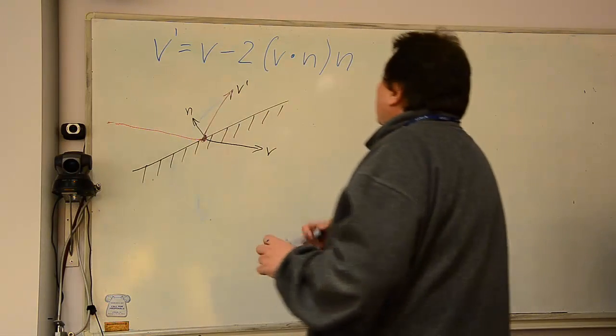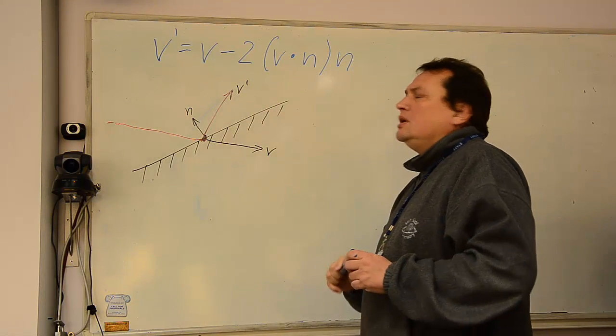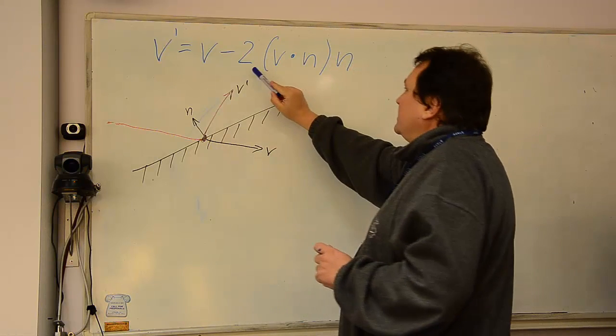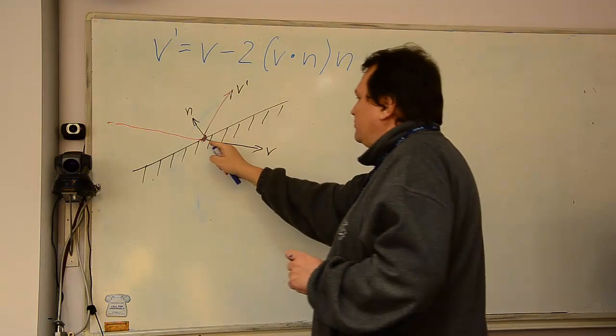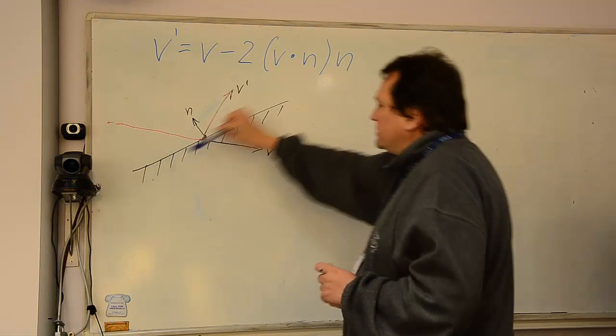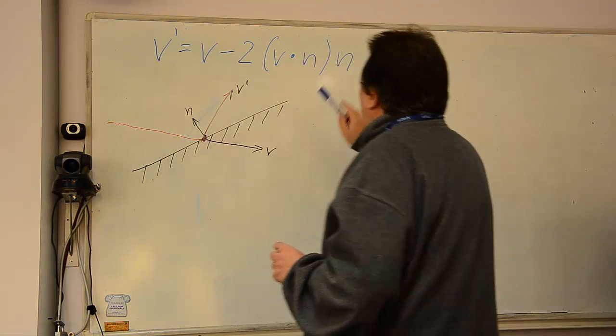By now we know the formula for the final velocity, which is the initial velocity v minus 2 (v dot n). V here is once again the velocity, and n is the normal which defines the slope of the surface here.